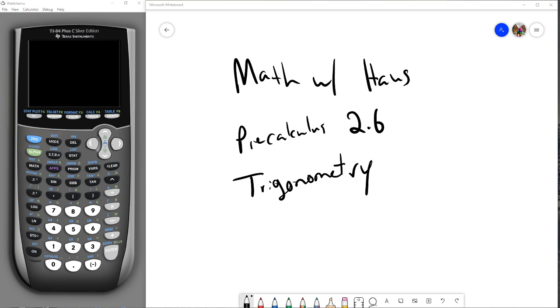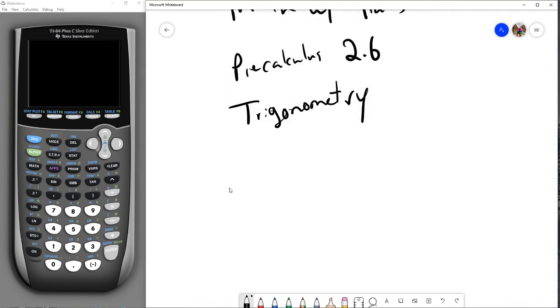We are continuing our discussion of trigonometry, and so we're going to begin where we left off in the last video. We talked about in the last video that the arc length s is equal to the radius r times our angle theta. Theta, we talked about, was measured in radians.